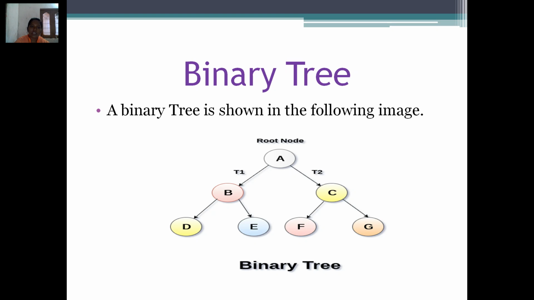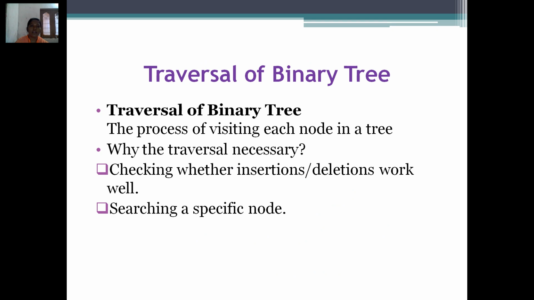In T1, B is the root node, D is the left child of B, and E is the right child of B. In T2, C is the root node, F is the left node of C, and G is the right node of C. Up to this point we have discussed what the binary tree is and how it is structured.